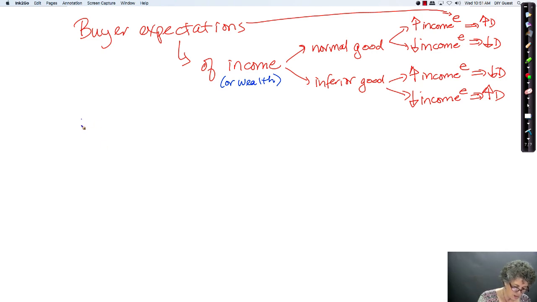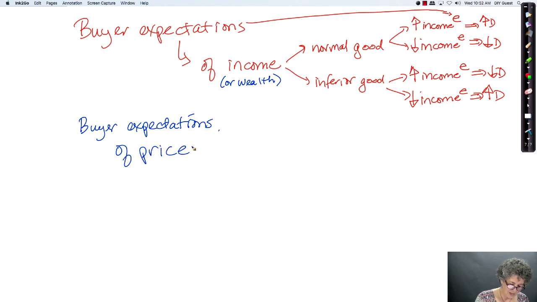We could also talk about buyer expectations of prices. That gets a little messier. We don't usually do that in Econ 1. And so what I'm going to say is do this in 100A.